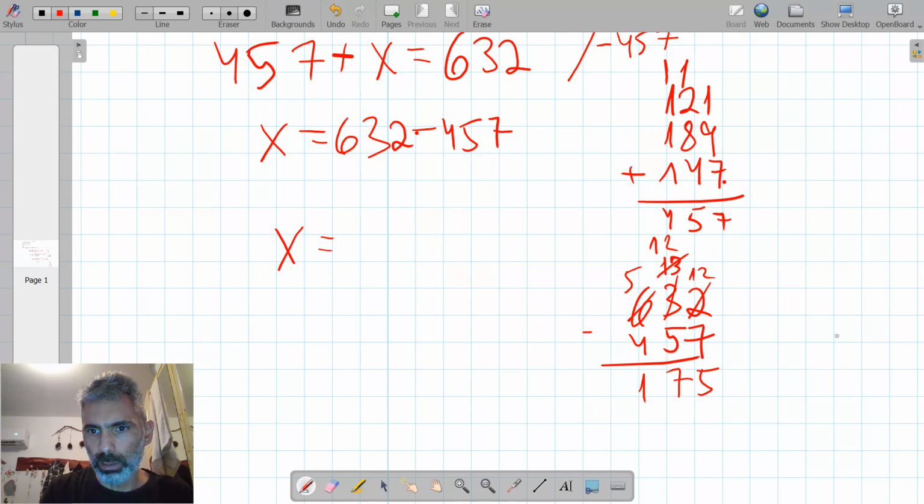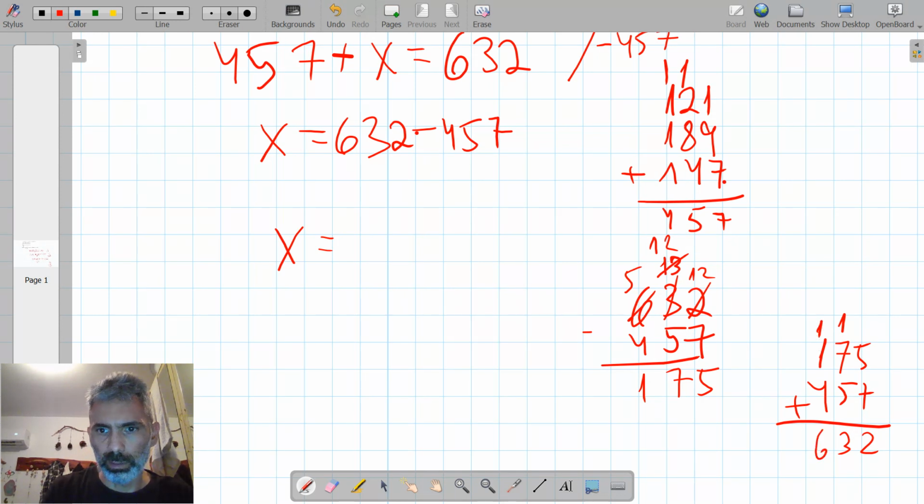Let's see that this is correct. 175 plus 457: 5 plus 7 is 12, 1 plus 7 is 8, 8 plus 5 is 13, 2 plus 4 is 6. Yes, okay.